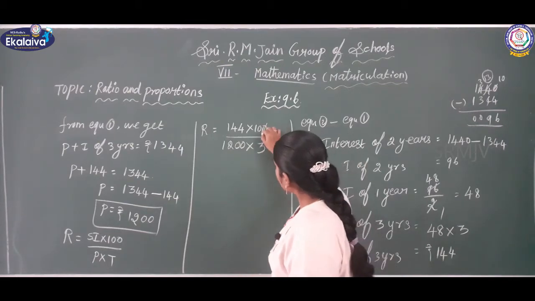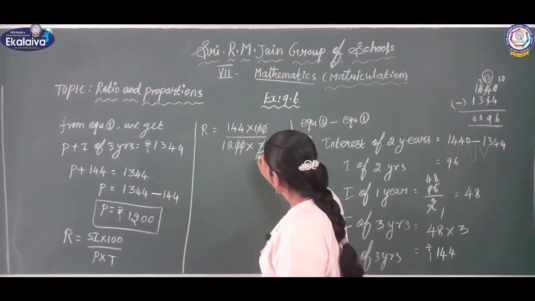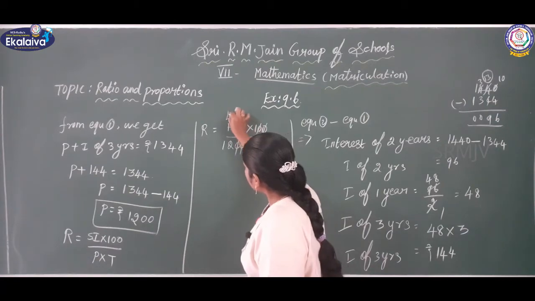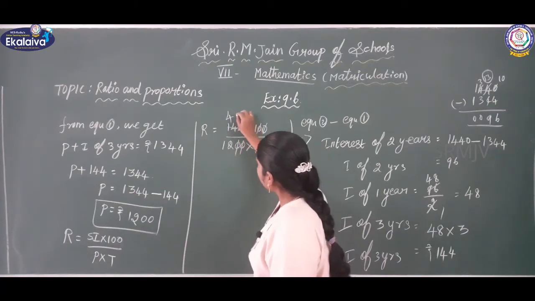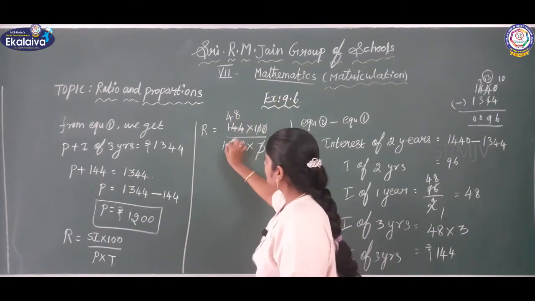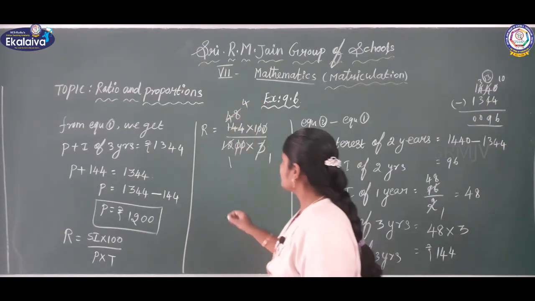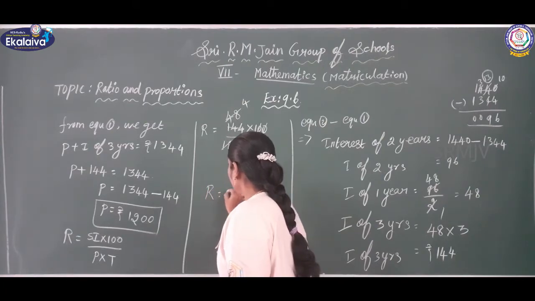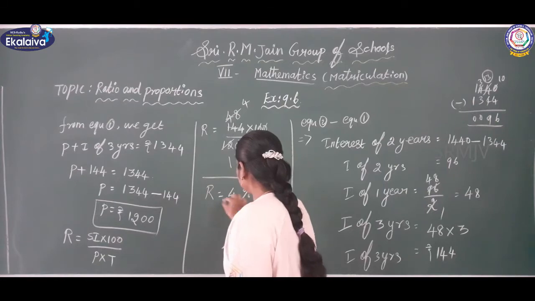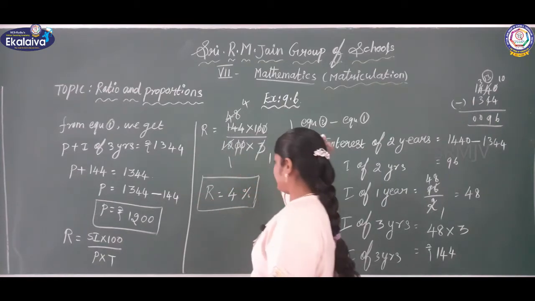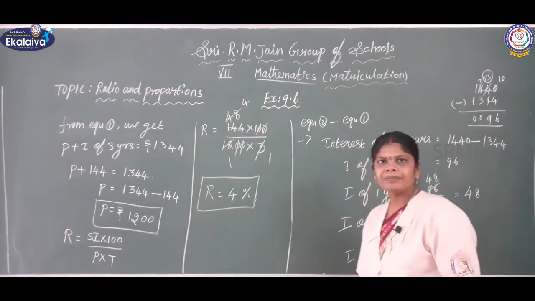Okay. So 0 0 cancel, 3 ones are 3, 3 4s are 12, remaining to 24, 8 3s are 24, 12 ones are 12, 12 4s are 48. So R equal to 4%. So the rate of interest equal to 4%. Is it clear, children?